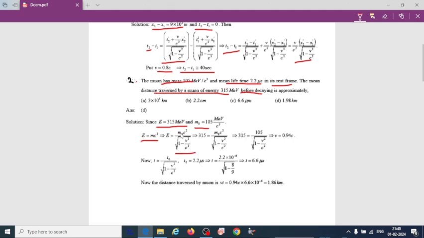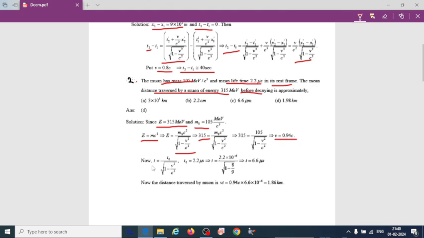Once we substitute the relativistic mass equation, with the energy and the rest mass 105, we are going to get the velocity, 0.94c.